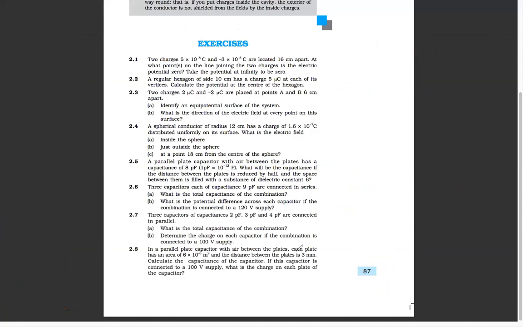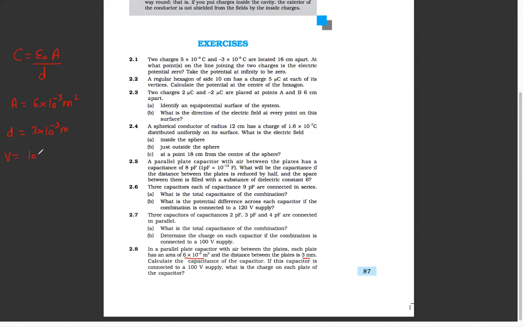See, you have a parallel plate capacitor. Plate area is this and separation is 3 mm. There's no information given about the medium between the plates. That means you can assume that the medium between the plates is air. Area is 6 into 10 raised to the power minus 3 meters square, and the separation between the plates is 3 into 10 raised to the power minus 3 meters.